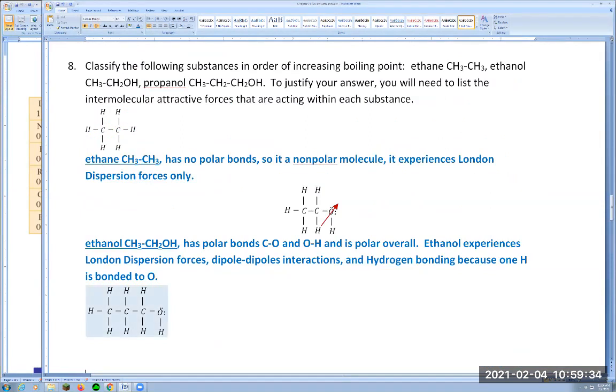We have the same configuration here around oxygen. Oxygen will have a bent shape because of the two lone pairs. And the CO and OH bonds are polar. And so we can say that this molecule is also polar, the same way that ethanol was polar.